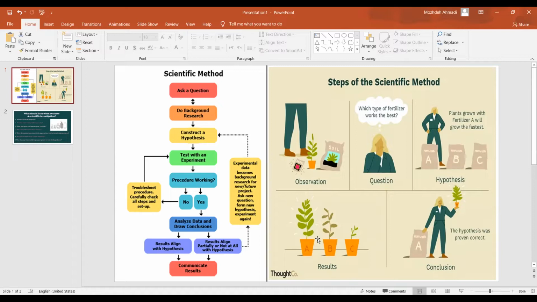When you analyze the data and draw a conclusion, the result should align with the hypothesis. It means that the result that we get should actually be the answer to the hypothesis.